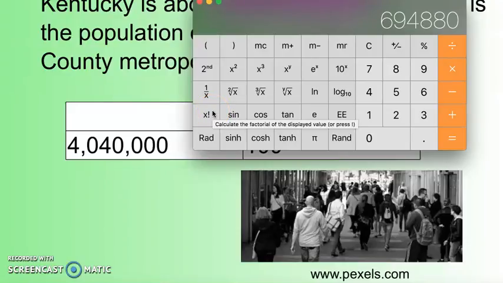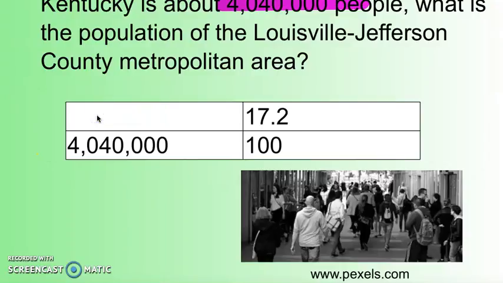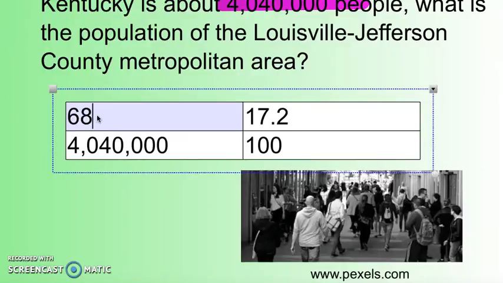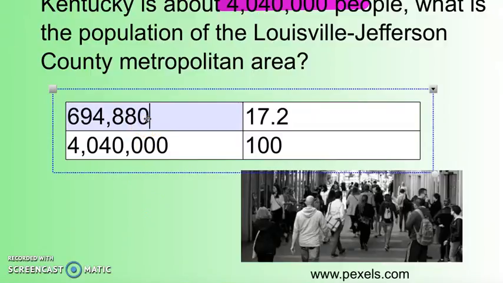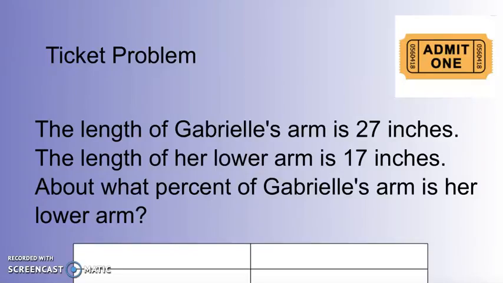And it looks like there are 694,880 people within the Louisville, Jefferson County metropolitan area. And I can label that as people, so I know that's what that number represents.